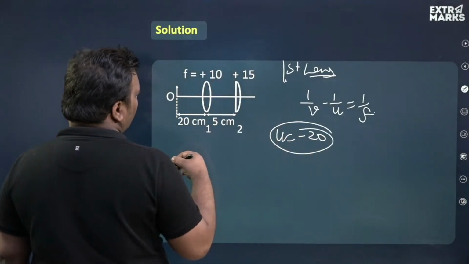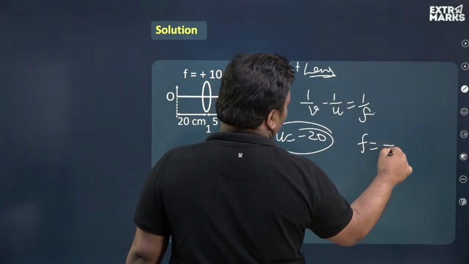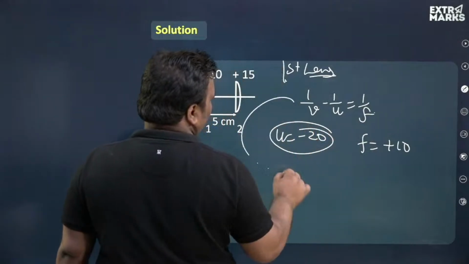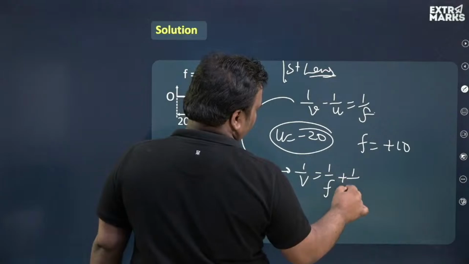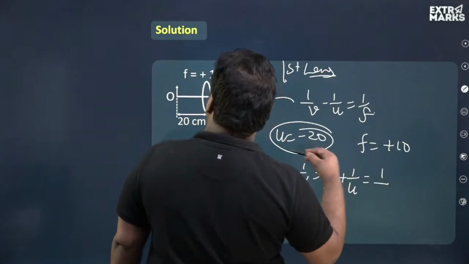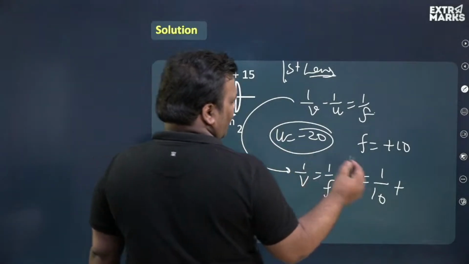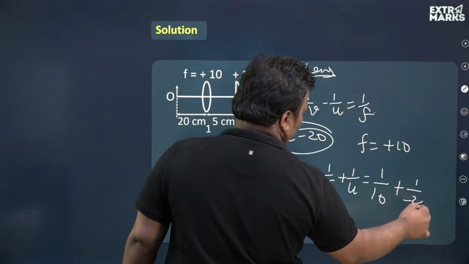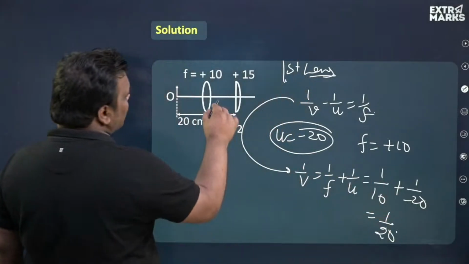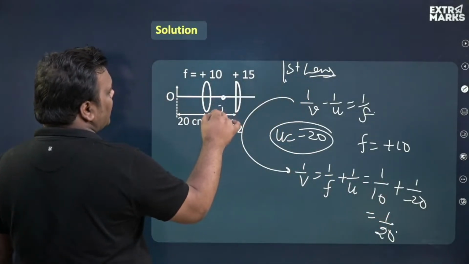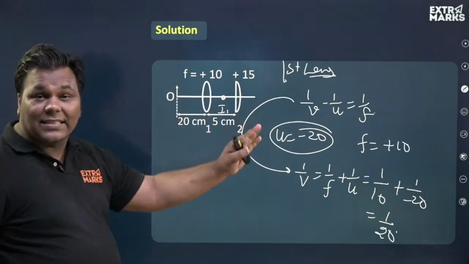F is equal to plus 10. So 1 by V is equal to 1 by F plus 1 by U. 1 by F, F is 10, plus 1 by minus 20. That means 1 by 20. That means my first image location I1 will be 20 centimeter in front of the first lens.